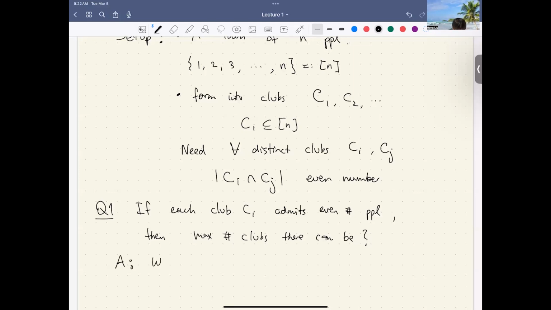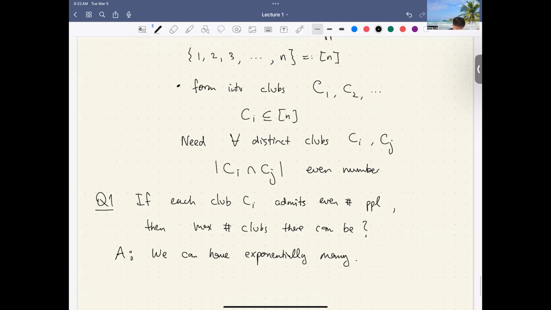We can have exponentially many, exponential in n. Why? What we can do is group up the residents in this town into pairs.